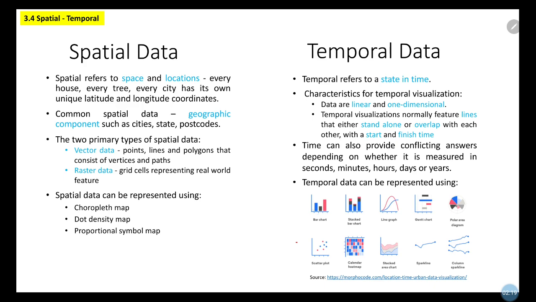So we can represent the temporal data using bar charts, stacked bar charts, line graphs, Gantt chart, polar area diagram, scatter plot diagram, heat map diagram, stack area chart, sparkline, and column sparkline. So you can go to this link to explore further on these different types of representation for temporal data.